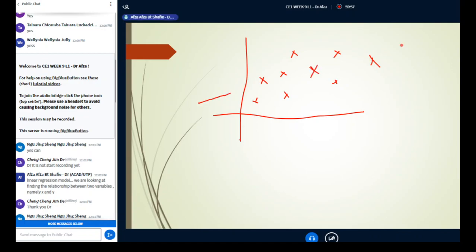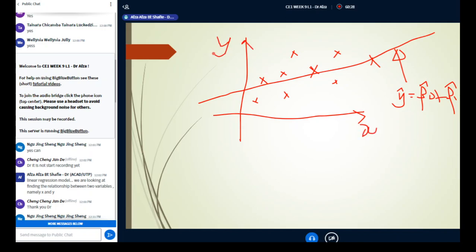So this is your fitted line just now. Now we want to see how much of the relationship between X and Y. We need to say that Y is dependent on how much, that means how much X contributes to Y.